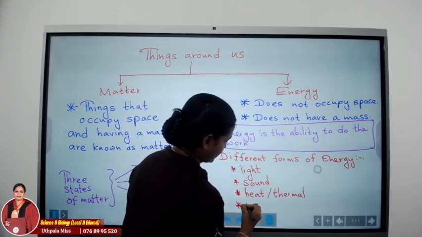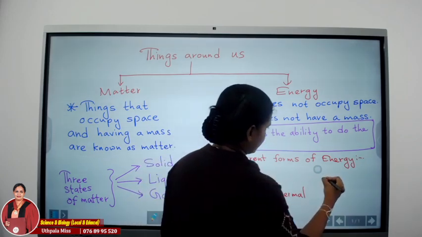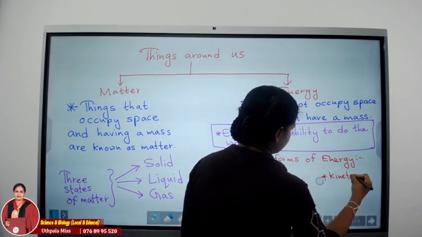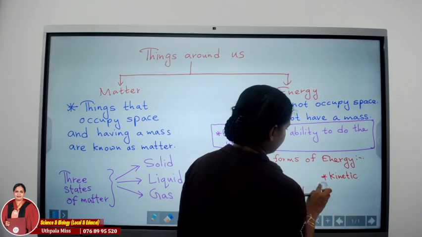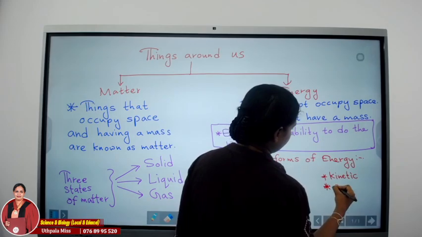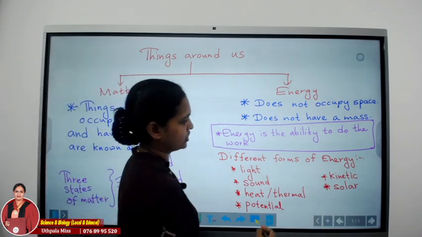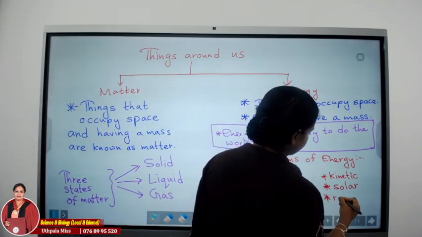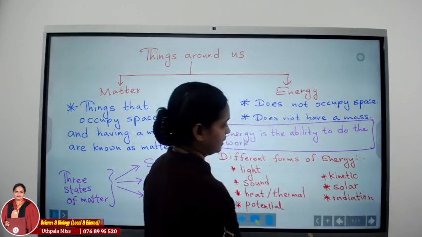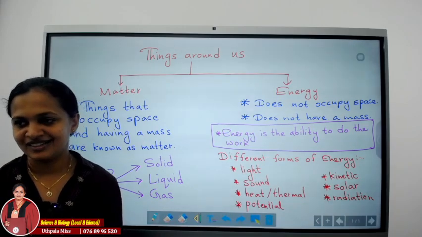So you can say potential energy, as you told, kinetic energy, then solar energy, radiation, and the energy of the sea waves, right?